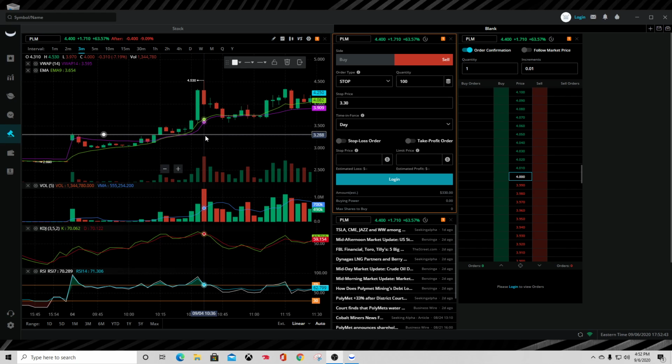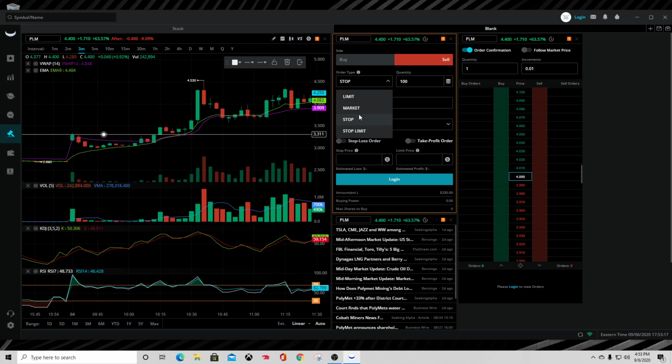As soon as it breaks that 330, your stop loss order will immediately convert to a market order, and it will fill at whatever the market price is at that moment. It could fill at 330, it could fill at 327, it could fill at 320 if it drops really fast. It could even fill at 315. But you are out of that position.